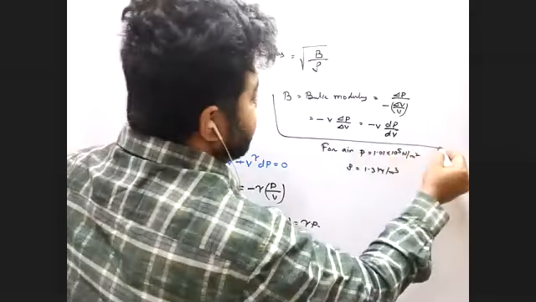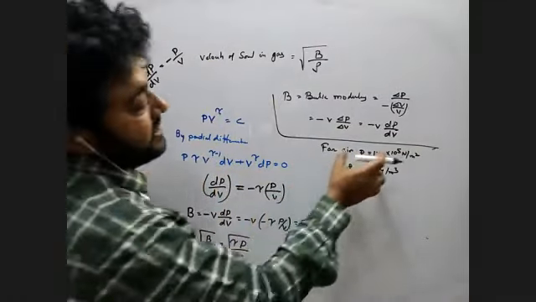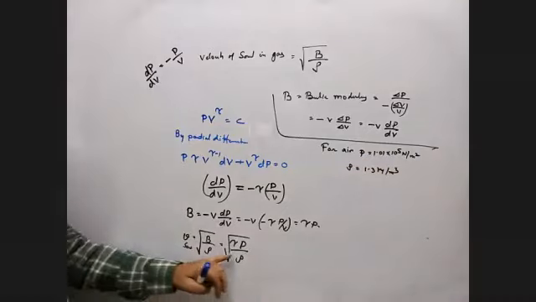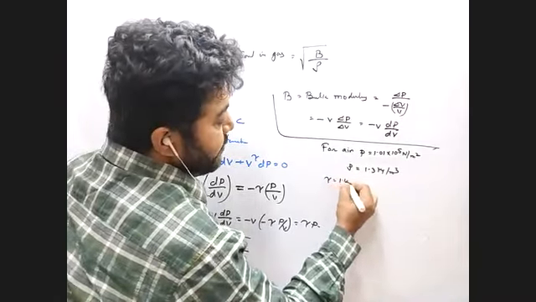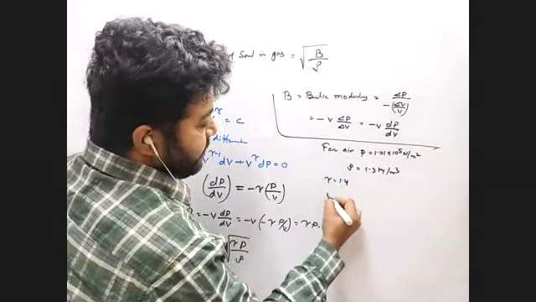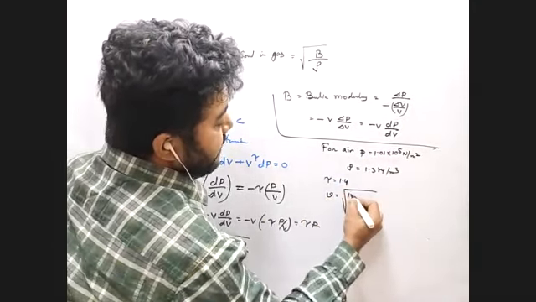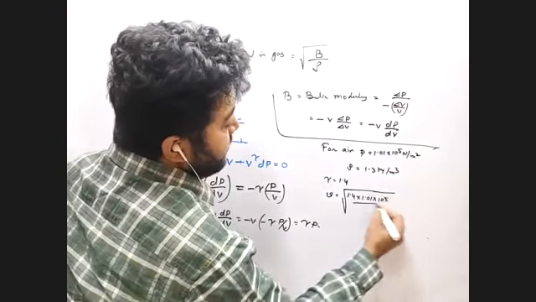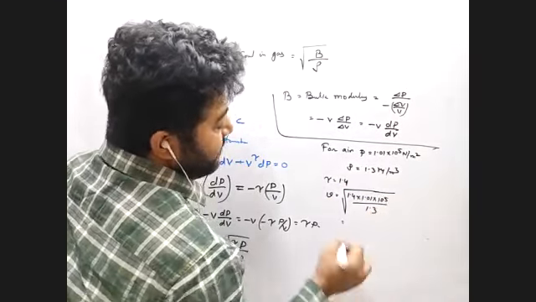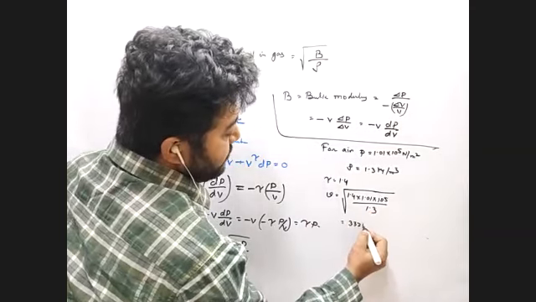Now for air, P is this much, rho is this much, and air is a diatomic molecule, so gamma is 1.4. If you put 1.4, the velocity of sound is root of 1.4 into 1.01 into 10 to the power 5 by 1.3, and that value is almost 332 meter per second.